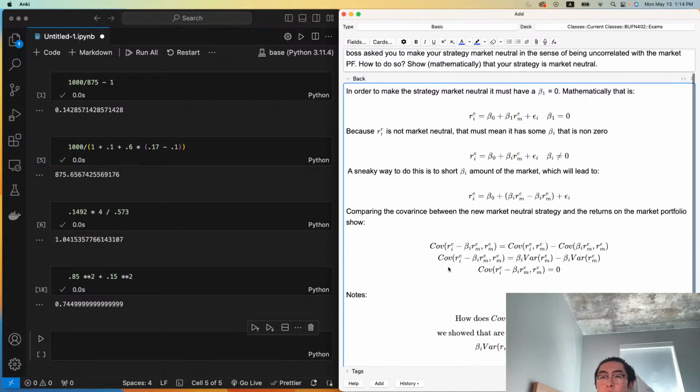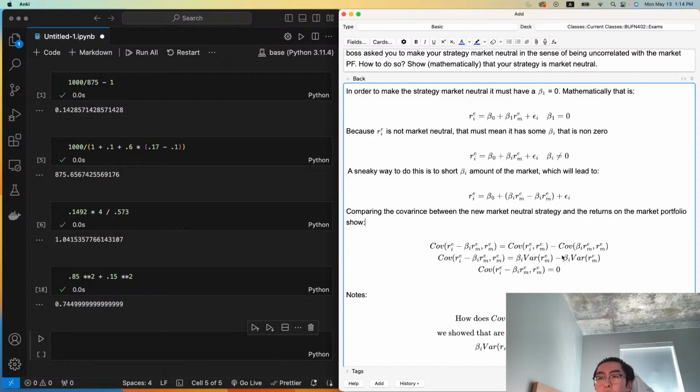So in order to do that, we take the covariance of our new strategy, which is the excess returns of our strategy minus beta_i times the excess returns of the market. So this is the shorting part. And then compare this with the returns of the market. Because covariances are linear, we can separate this into two terms: the covariance of our strategy with the market, and the covariance of beta_i times the market with the market.